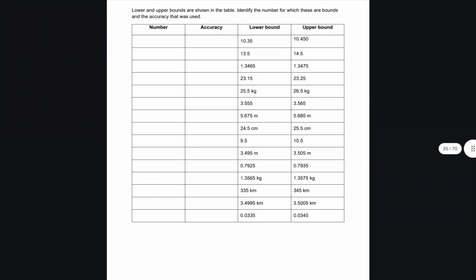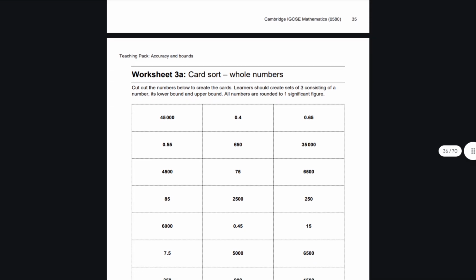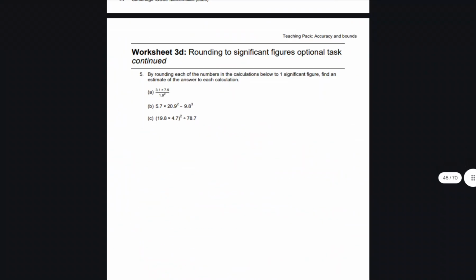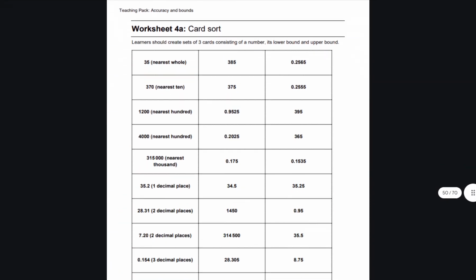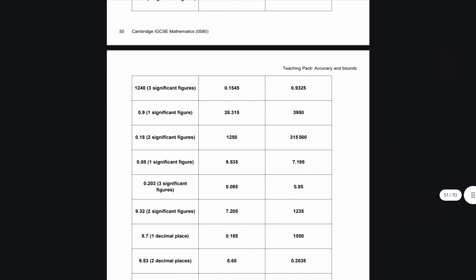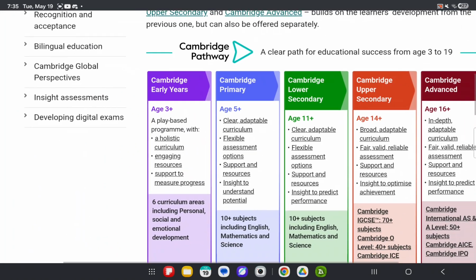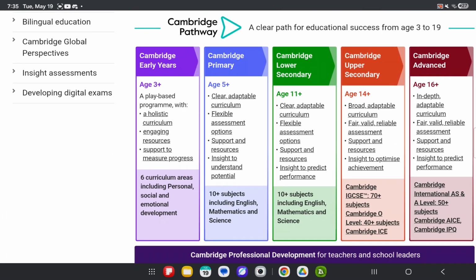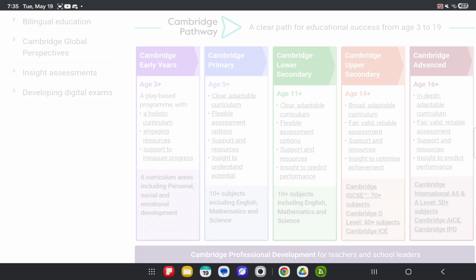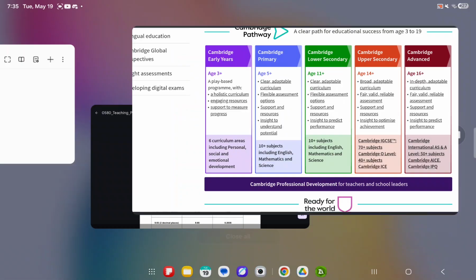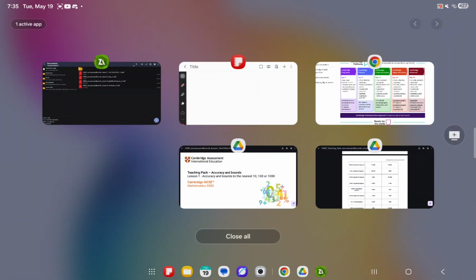Like, who's going to go through all this card work? This is for a grade. It's not for IGCSE. See, this is for something like lower secondary or primary. This is so slow. Literally, like, what is going on?